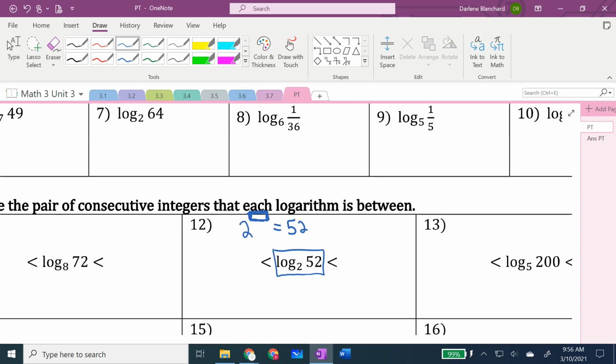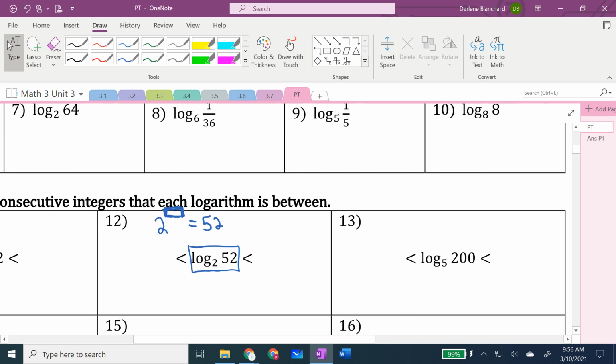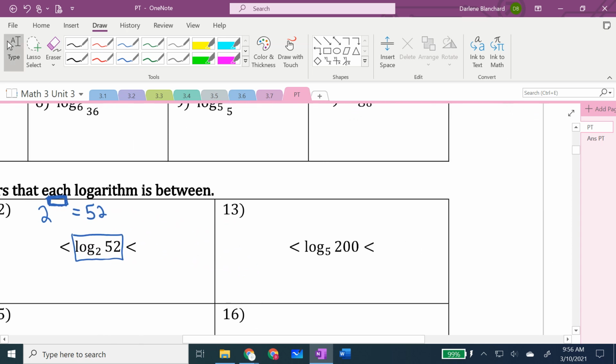So with that in mind, what we want to look at is maybe a table of the exponent and then what is 2 to the power of that exponent.